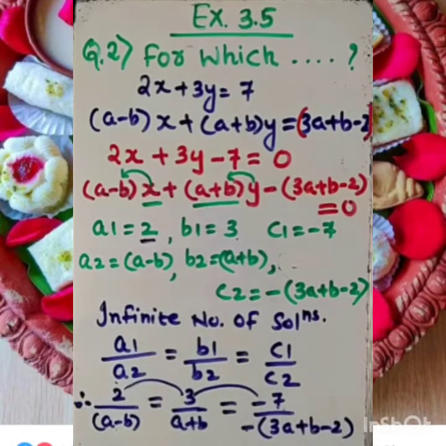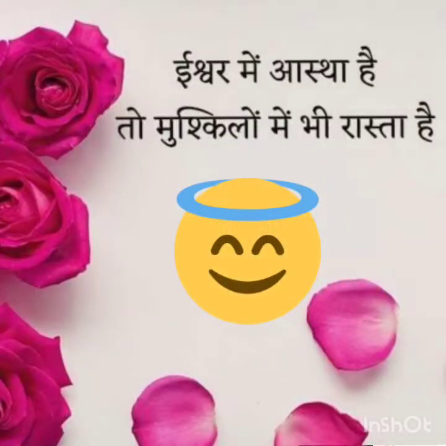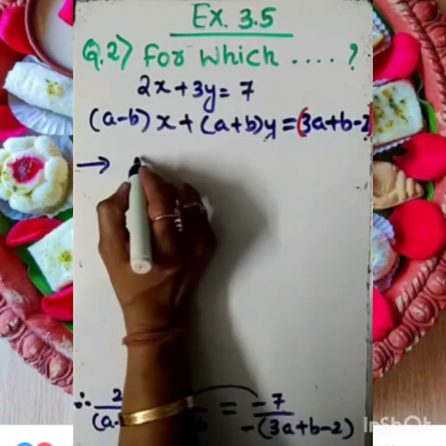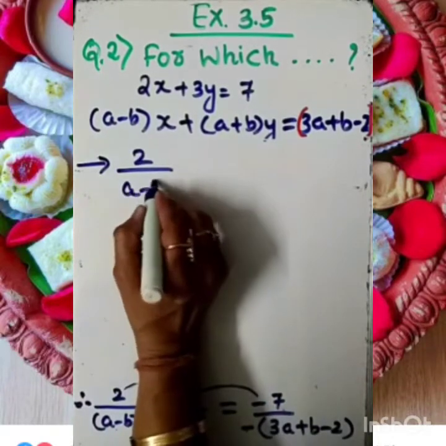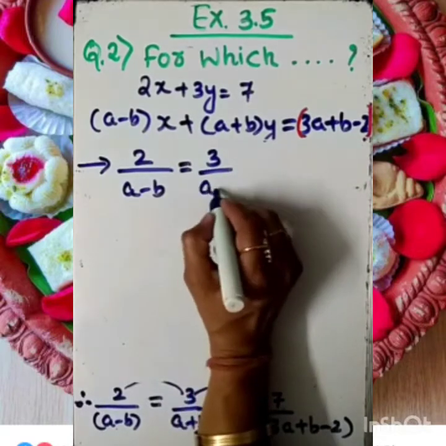In the first step, let's write 2 upon a minus b equal to 3 upon a plus b.